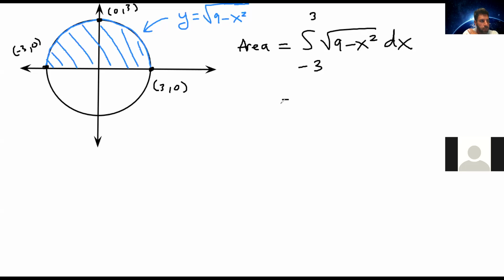Now, due to symmetry, it's even easier. We can just do a quarter of it, and so we multiply it by 2.